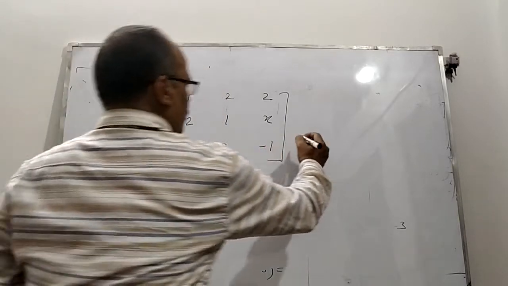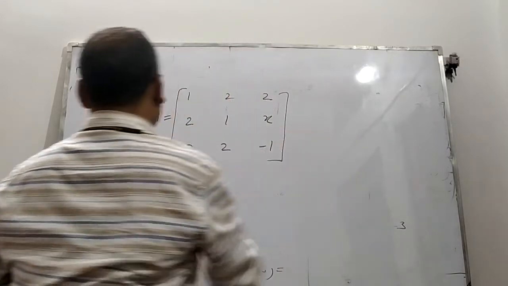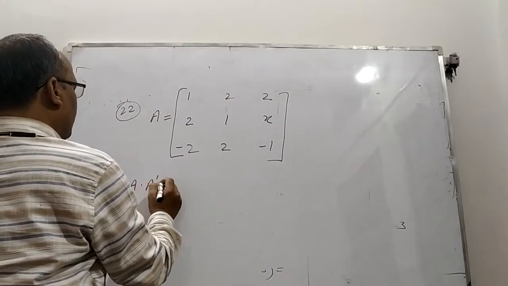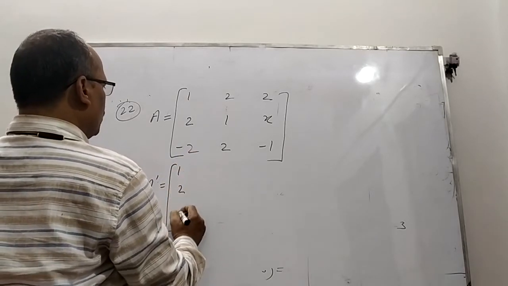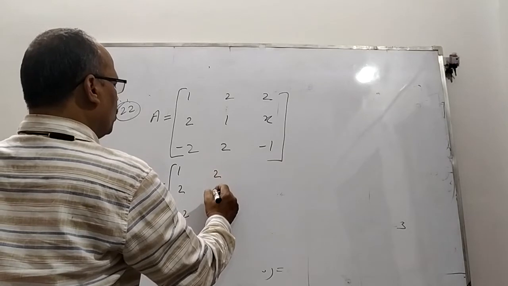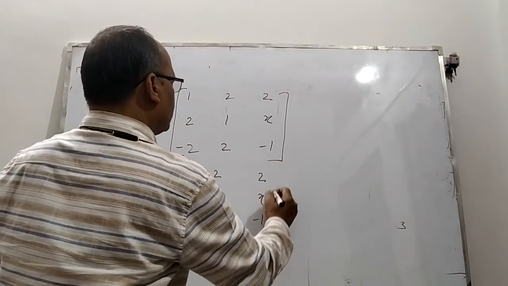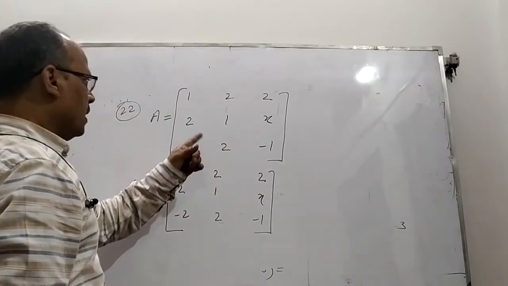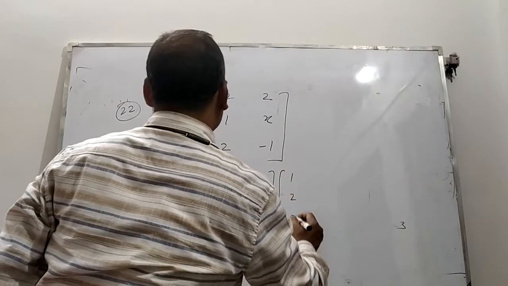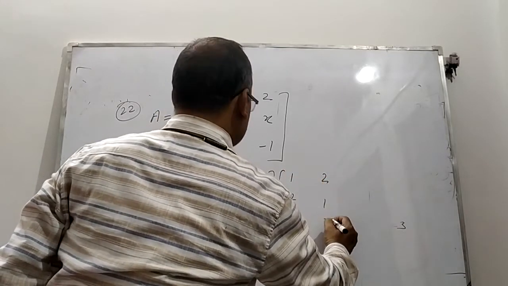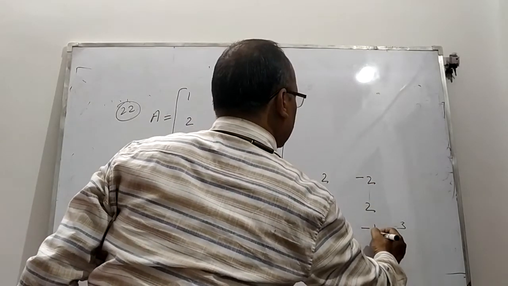So you will get the transpose of A. Okay, A into transpose of A, you write here: A is 1, 2, 2, 2, 1, x, minus 2, 2, minus 1. Transpose of this: first 1, 2, minus 2, 2, 1, 2, 2, x, minus 1.